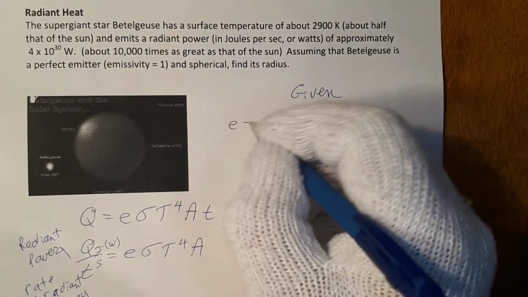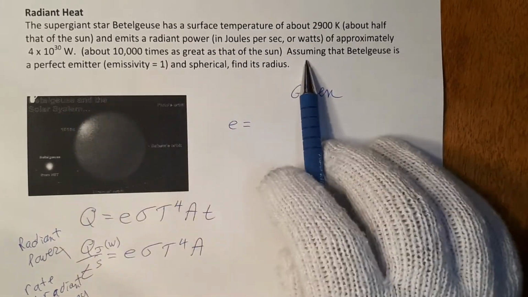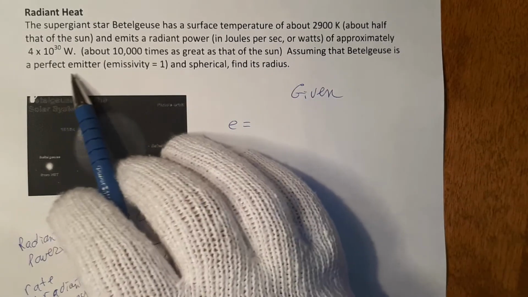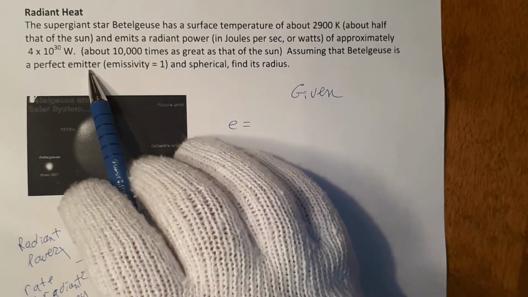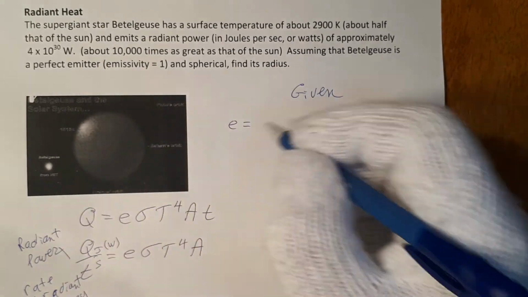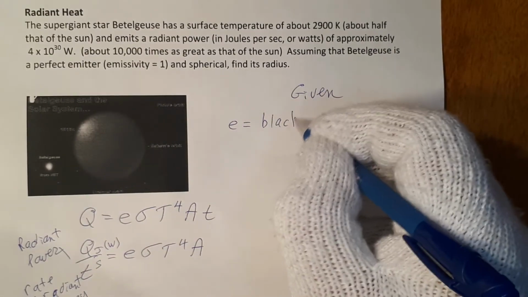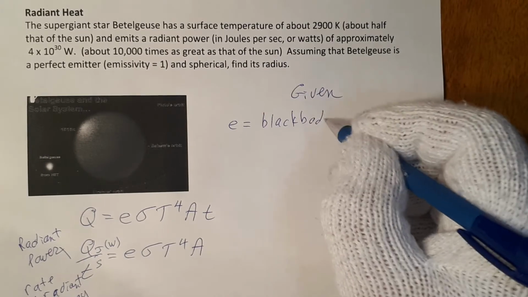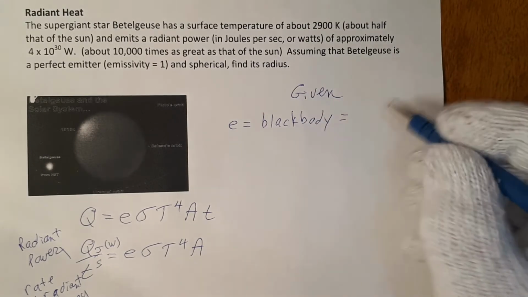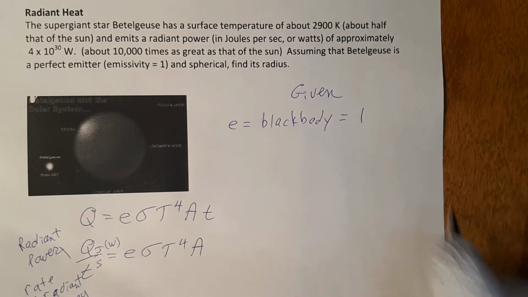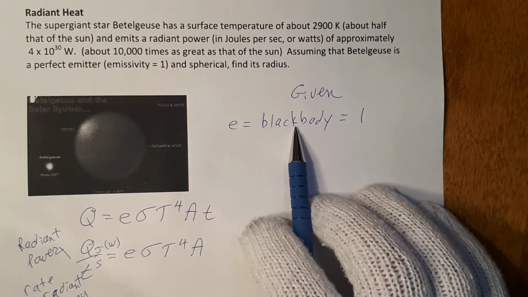E, it says here, assuming that Betelgeuse is a perfect emitter, emissivity is equal to 1. E is emissivity. When you see the term perfect emitter or black body, a black body emitter, also known as a perfect emitter, we're going to use the value of 1 for E. I will leave this word black body for you to research.